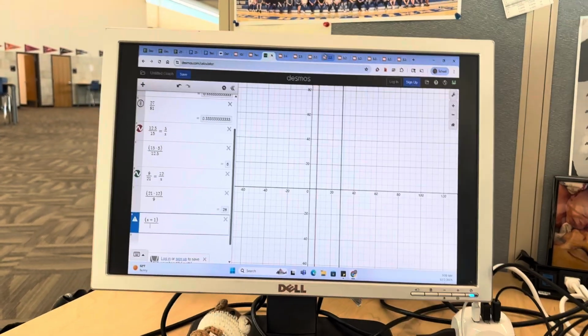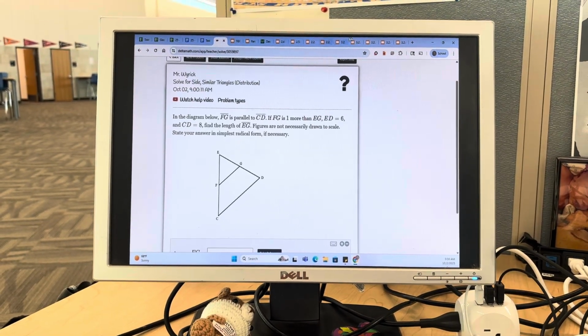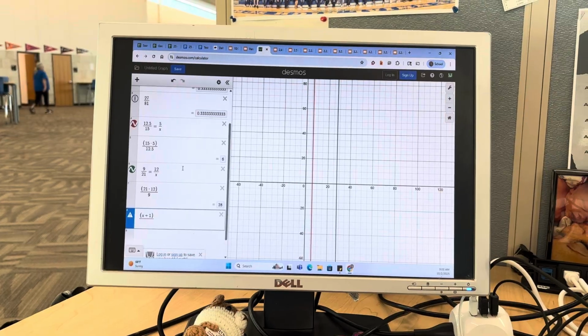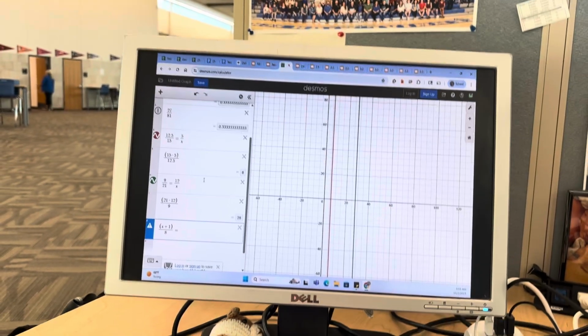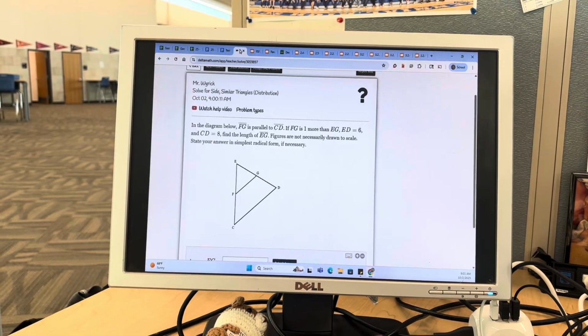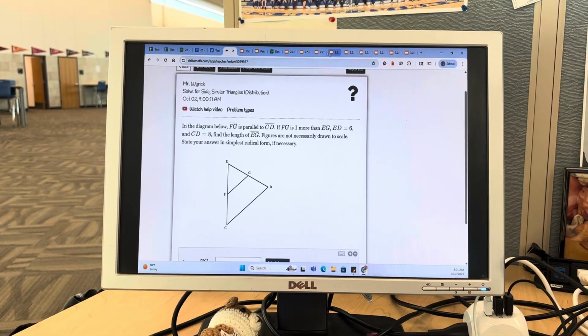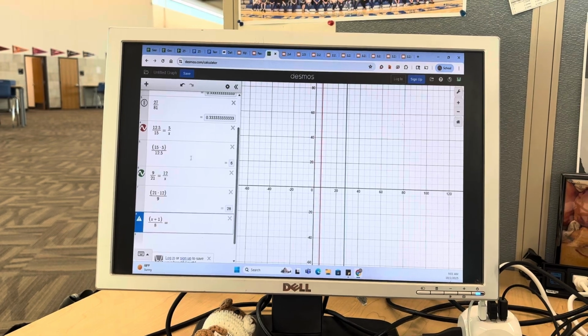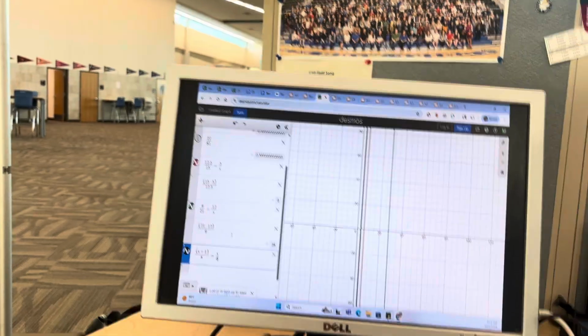And I'm going to put that over my big number here for DC, which is 8. So X plus 1 over 8 is equal to, and on the other one, I know my EG is X and ED is 6, so that's X over 6.